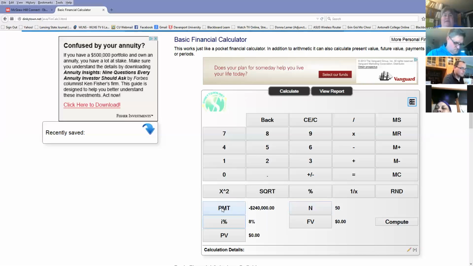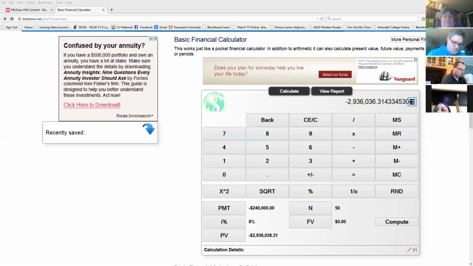So I've got the amount of money for how many years at 8%, and now I'm going to compute the present value. And it tells me that is basically $2 million, almost $3 million. Going back and typing it into our Excel so we can compare those numbers when we get both of them.